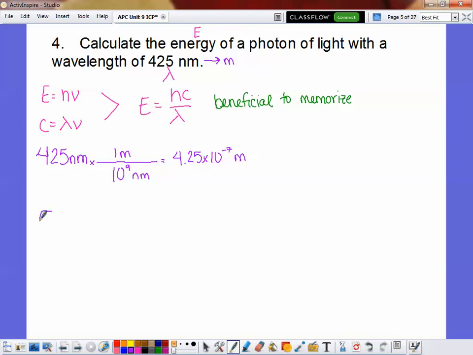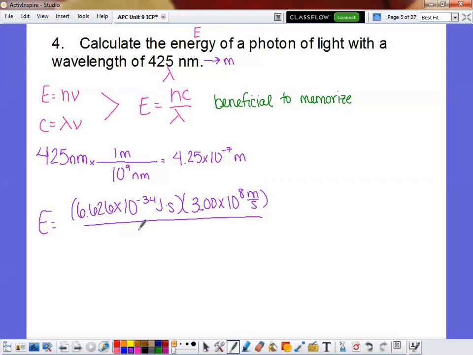So then we plug that in. 6.626 times 10 to the negative 34 joules times seconds. Speed of light, 3.00 times 10 to the 8th meters per second. That's all over 4.25 times 10 to the negative 7 meters.